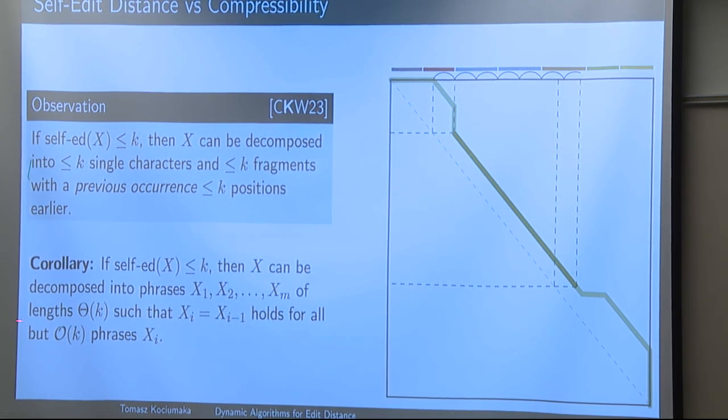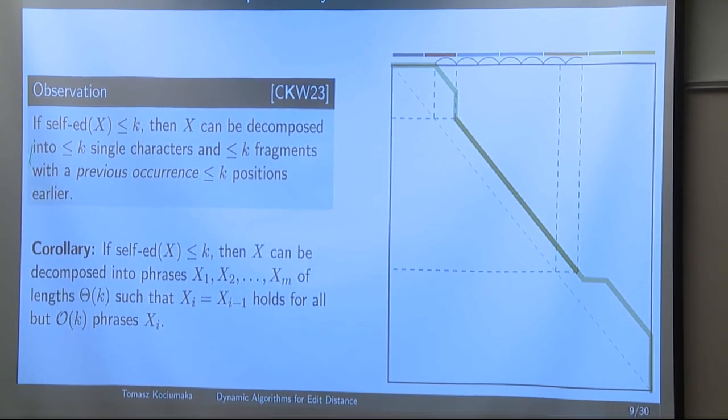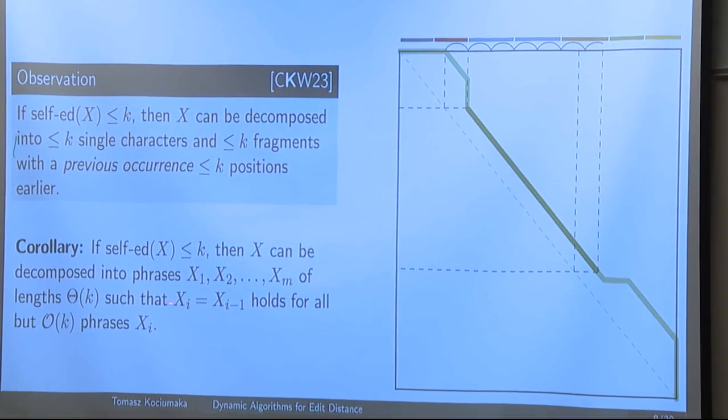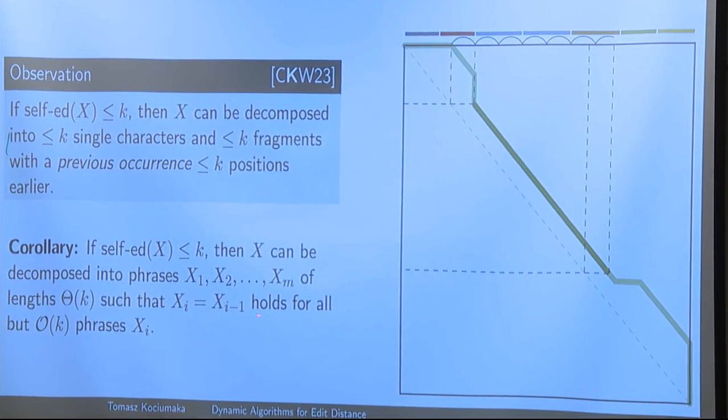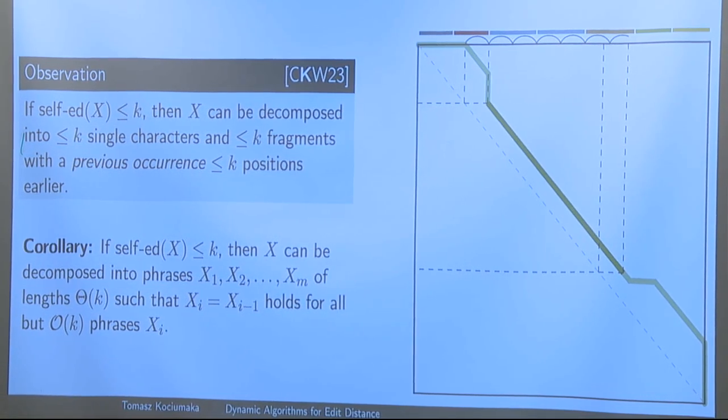So in general, what will be useful for this work is that if self-distance is small, you can decompose the string into phrases of length roughly k, between k and 2k, let's say. But most of the phrases will be just equal to the previous one. Only order of k of them will violate this property.